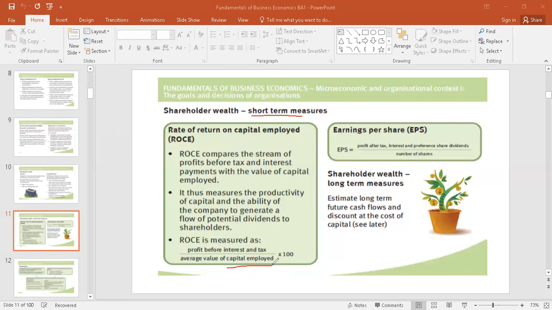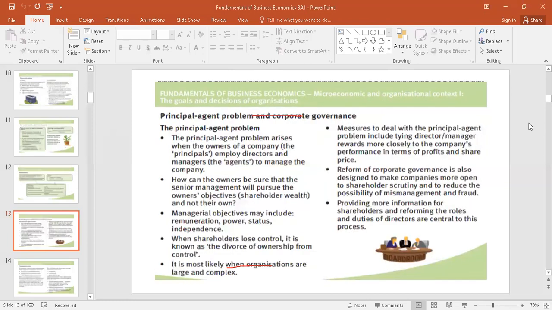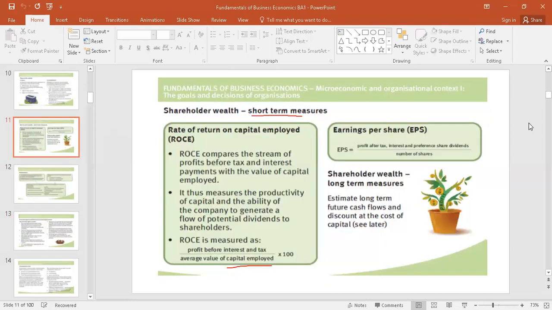In some situations we also find this used interchangeably with other terms like ROI or ROA. I'm just writing it here. ROCE is equal to return, and return is profit.